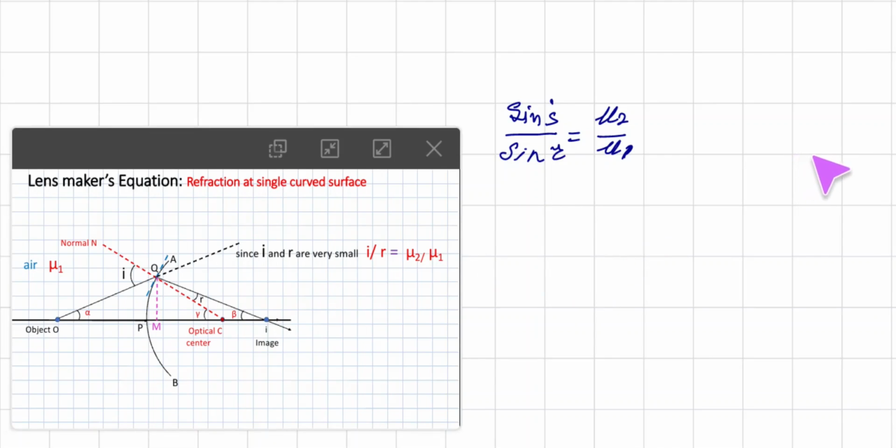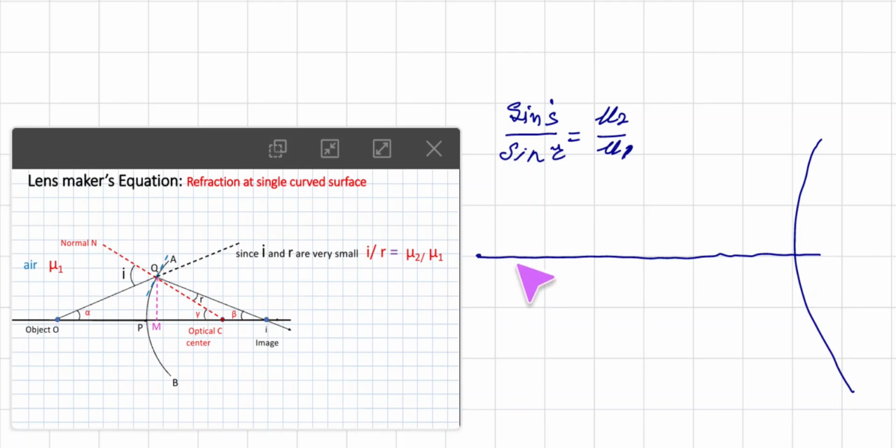So let us consider this is the area of the lens and the object is here. One straight line is going, but another ray which I have shown here is so close, seems almost parallel, and that is why the angle between this ray and this ray is very, very small.